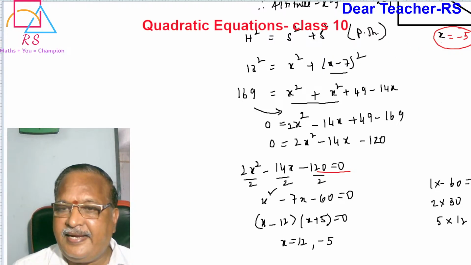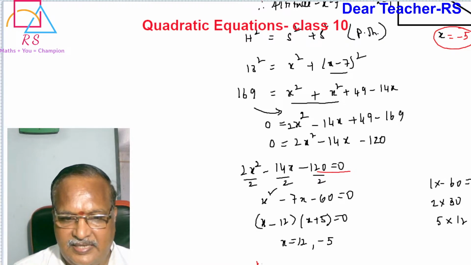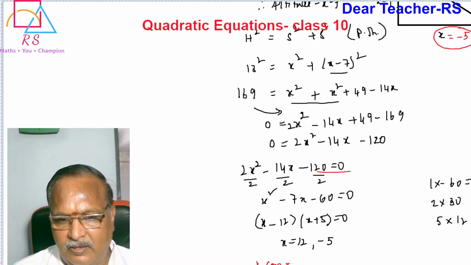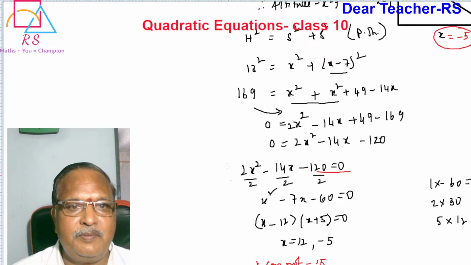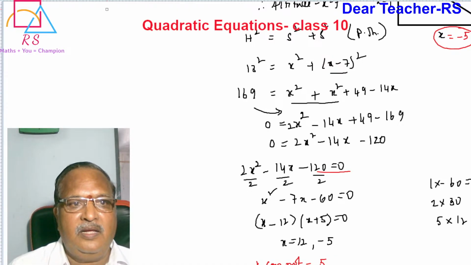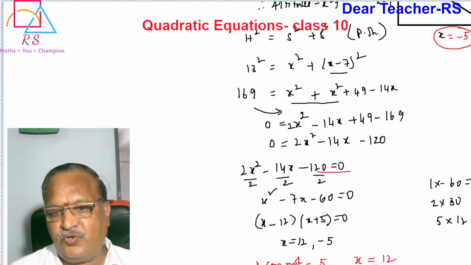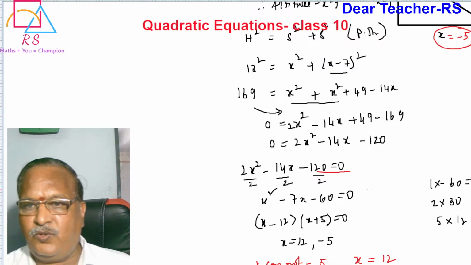So a side cannot be negative. That is why x cannot be minus 5. Therefore, x is equal to 12. So what is the question here? Find the other two sides.